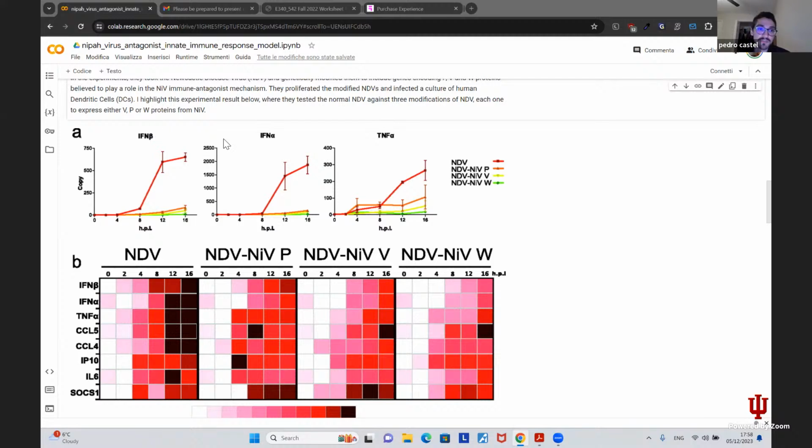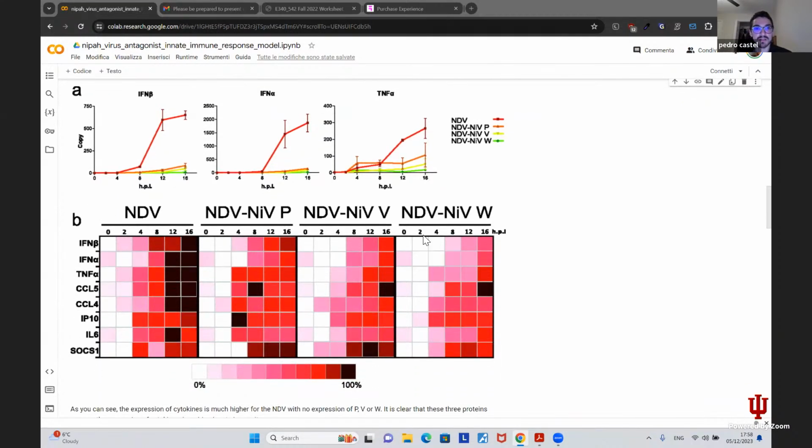And they measured the interferons using ELISA, which is like a luminescence assay. I don't know exactly. So the idea is, let's build a model that replicates these results, that can match or fit the experimental results.